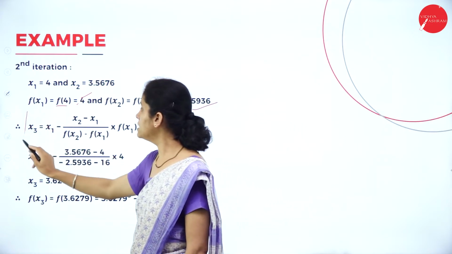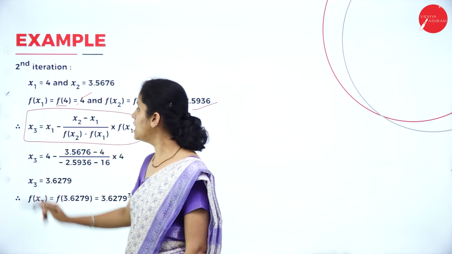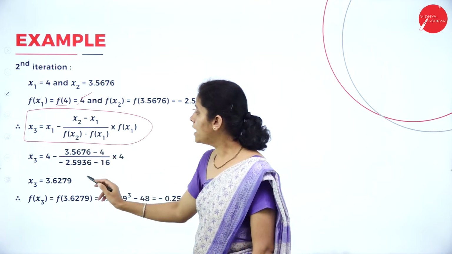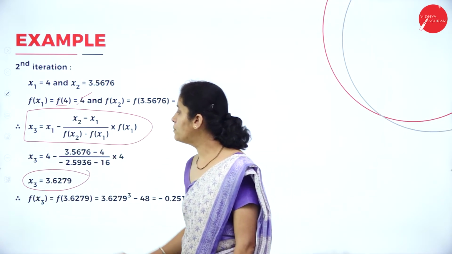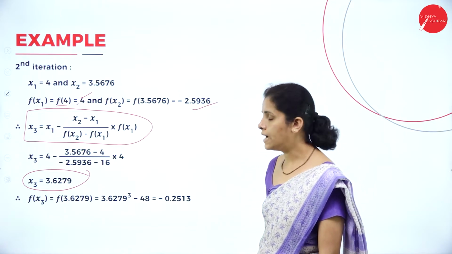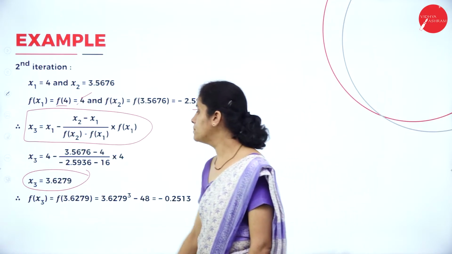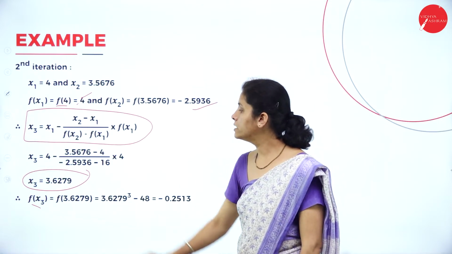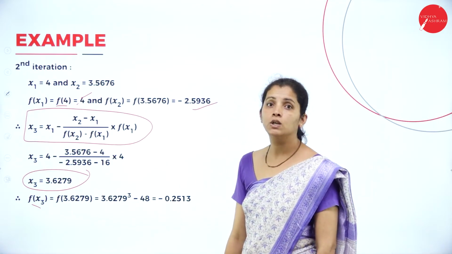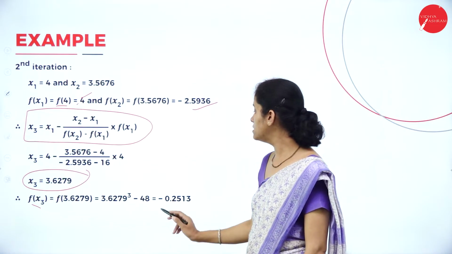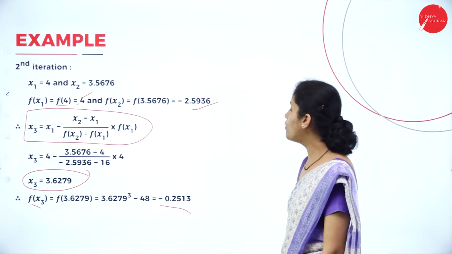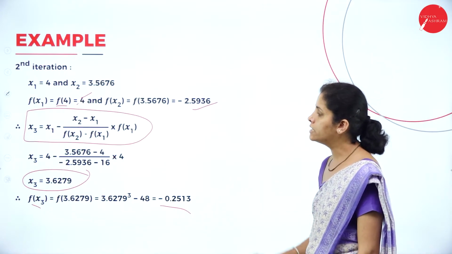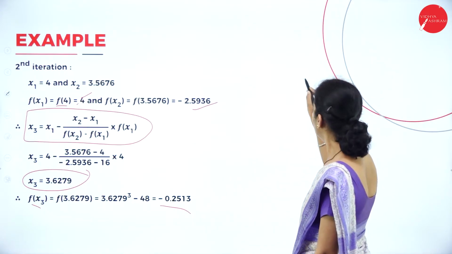Now I have this secant method formula. After substituting the values, I'll get the answer 3.6279. And when I substitute in my f of x3, I'll get 3.6279, that is minus 0.2516.